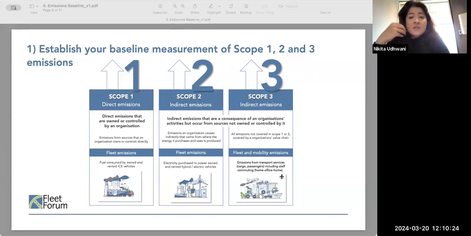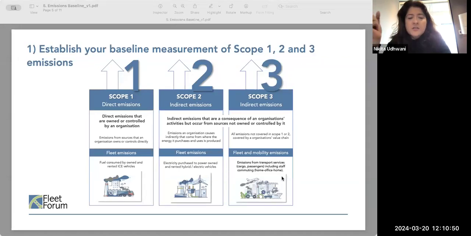So in the context of fleet, this means that you probably have owned vehicles, or maybe you have rented vehicles. Now I'm talking specifically about internal combustion engine vehicles. Here they're probably using fuel. So here your scope 1 fleet emissions are all the emissions that are generated, the greenhouse gas emissions specifically.